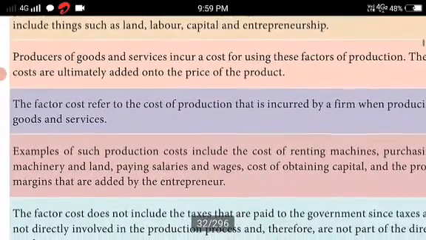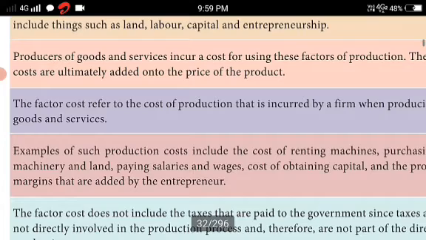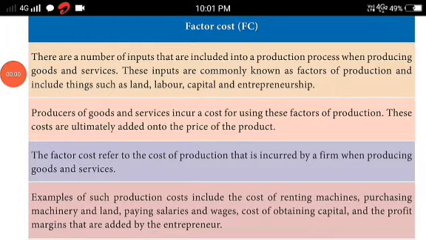Producers of goods and services incur a cost for using these factors of production when they are purchasing. What is factor cost? In short, FC. There are a number of inputs included in a production process when producing goods and services. These inputs are called factors of production.